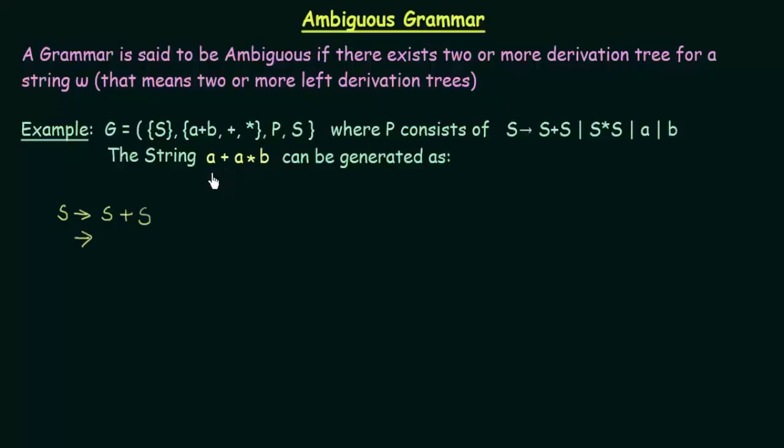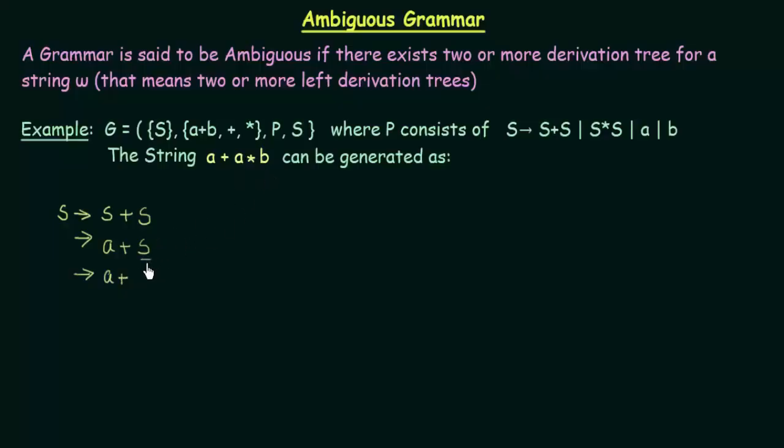I am forming the left derivation tree for this, so we have to start from the leftmost symbol, which is S. So this S I will replace with a because we have a production which says S gives a. The other S, let me just write it down as it is. Now I got a plus S, and I have another S over here, and I need a into b.